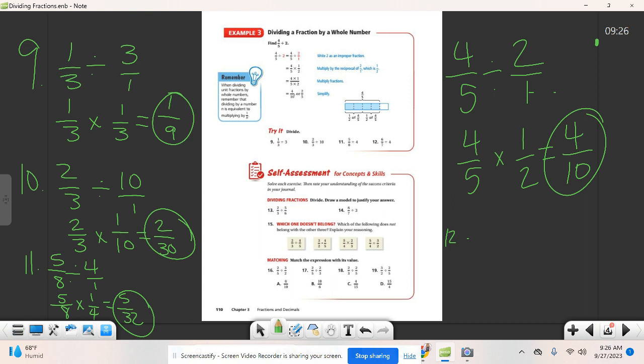I put the 1 under 4 in the bracket, and I swapped it, and I solved it. Beautiful. All right. Any questions about those 4?